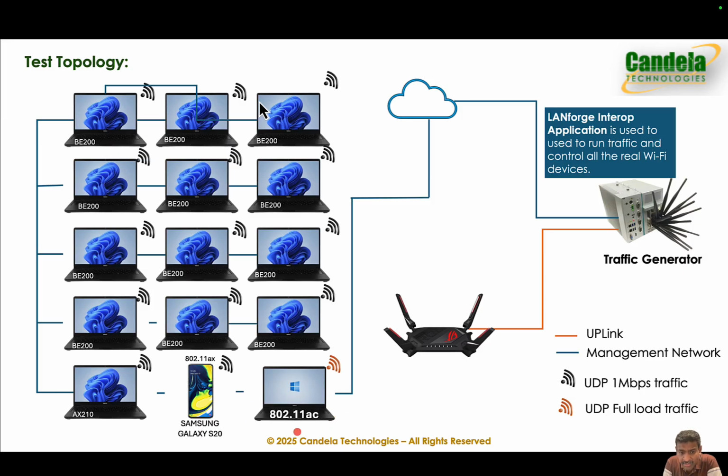This is the non-OFDMA capable client that we used, so it will not participate in OFDMA. We are going to run unlimited uplink traffic on this 11ac client, whereas with the remaining 14 clients we will be running very little traffic. In particular, 1 Mbps uplink traffic for each of the 14 clients, so 14 Mbps in total.